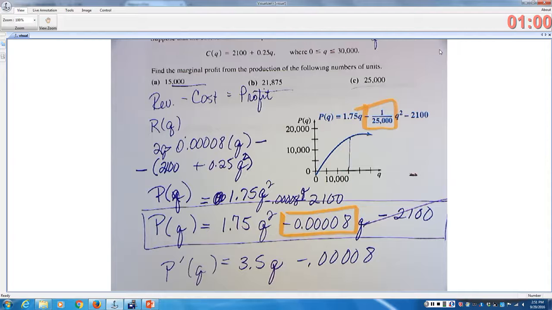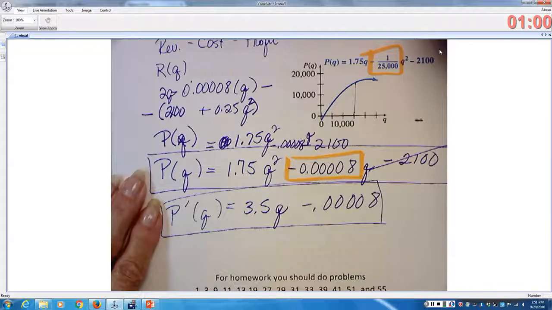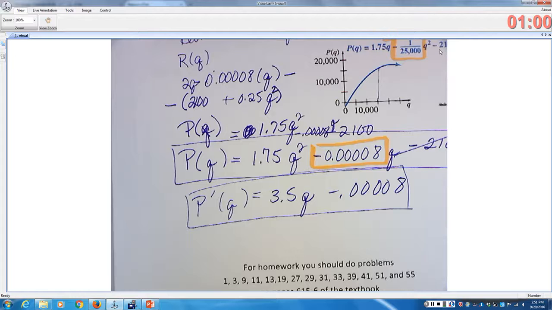That's going to disappear. Plug that into your marginal profit, and you can answer all three of these, and then check your answer in the book. It's answered in the book. Okay? This pretty much finishes up 12.1. And next week we'll start 12.2.